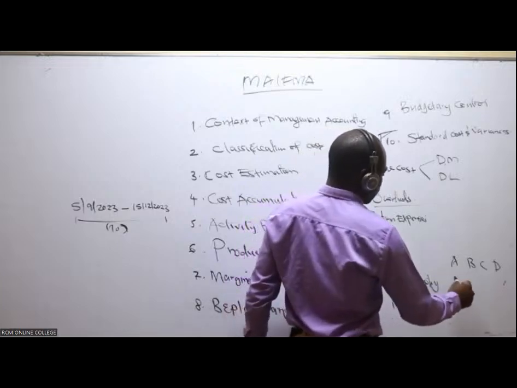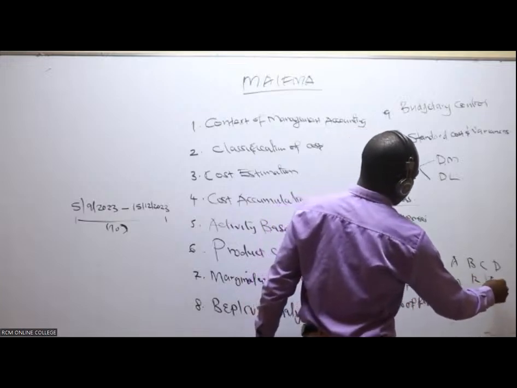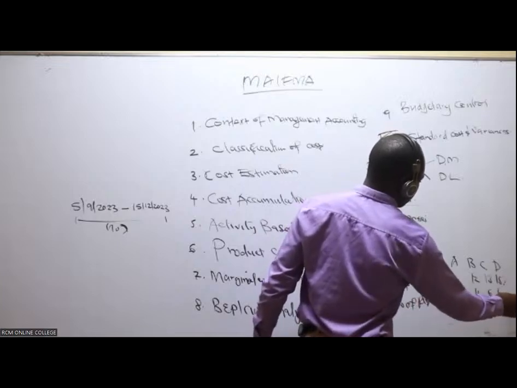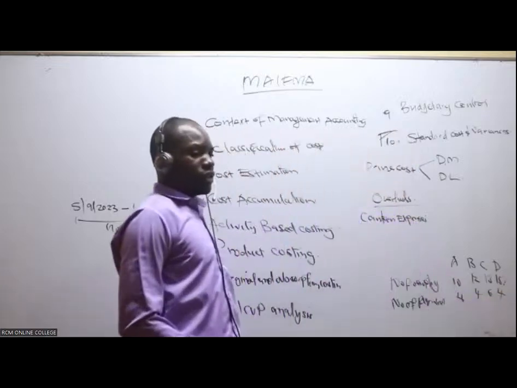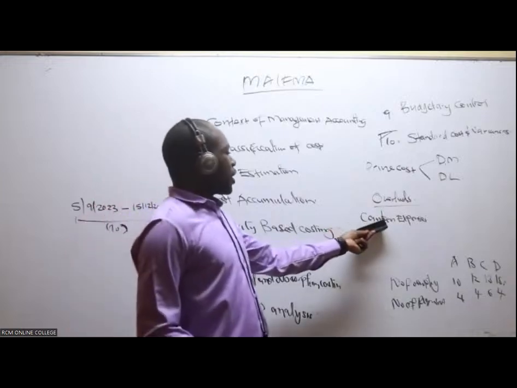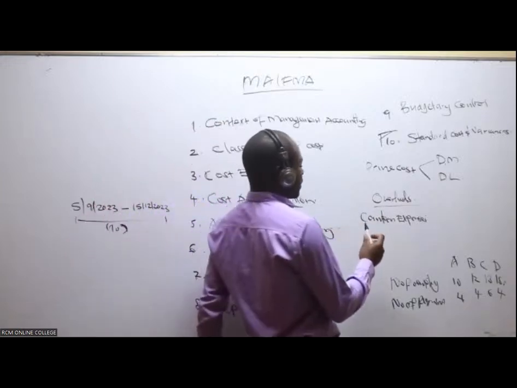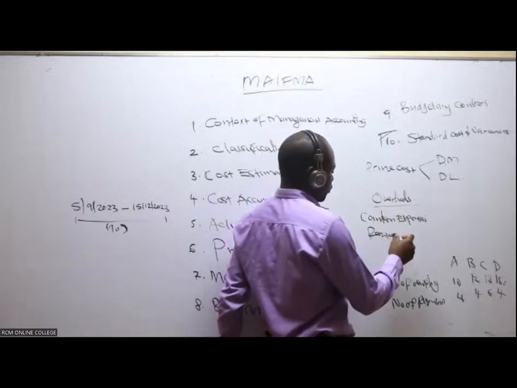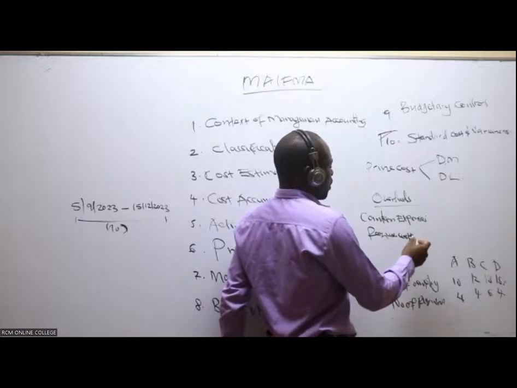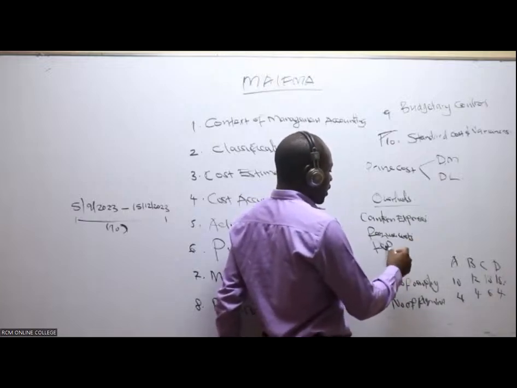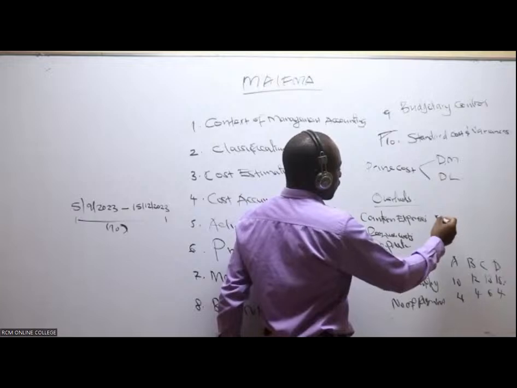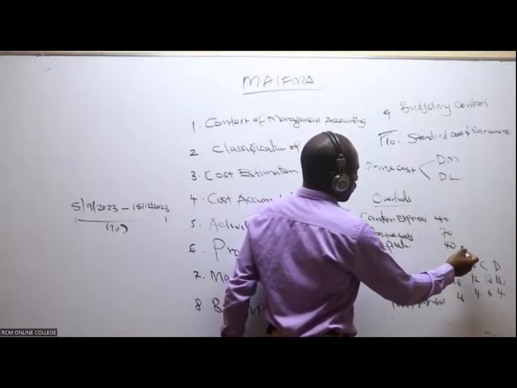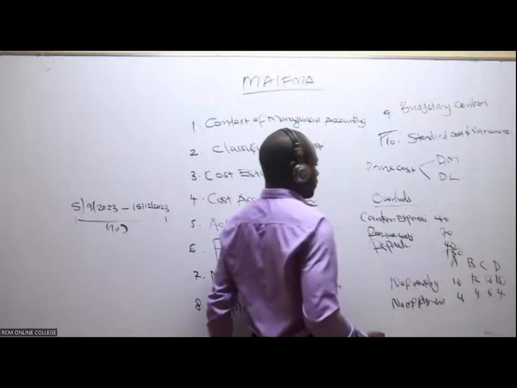For number of employees, we have 10, 12, 13, 15. Here we have 4, 4, 6, 4, something of that kind. So when I'm coming to allocate, I have canteen expenses, requisition cost, and depreciation of machinery. I have the amounts here, 40, 70, 40, to give me 150.